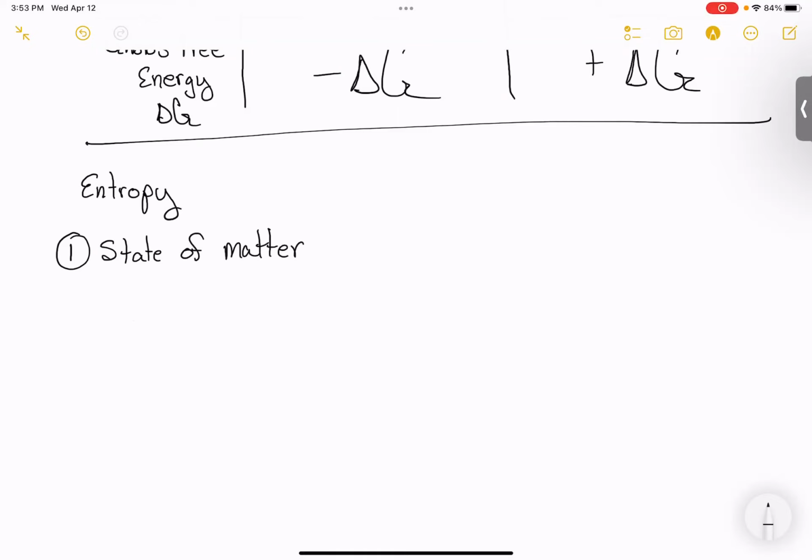If we have a solid, everything is in a very nice 3D array. And no, I'm not going to try to draw it 3D. When we move to liquids, they're a little less organized. But because of those intermolecular forces, they're still pretty close together.